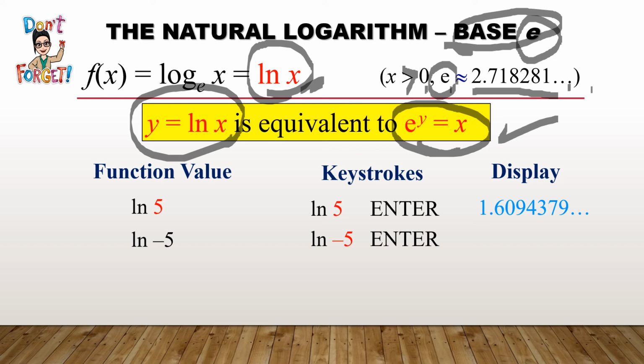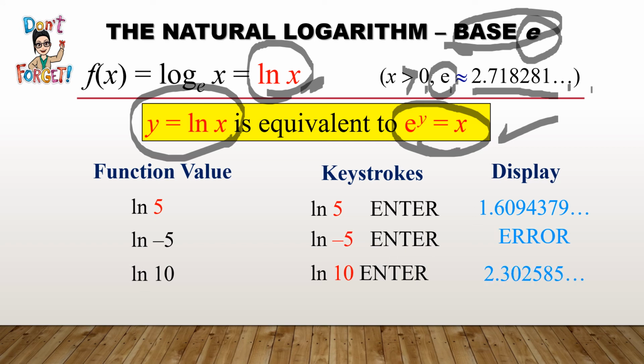Press ln negative 5, enter, and the result is error because it's negative here. It will not give any answer. That's why it's error in your calculator. Next, ln 10: press ln 10, then enter, and the result is 2.302585, and so on. So these are the examples using natural logarithm.